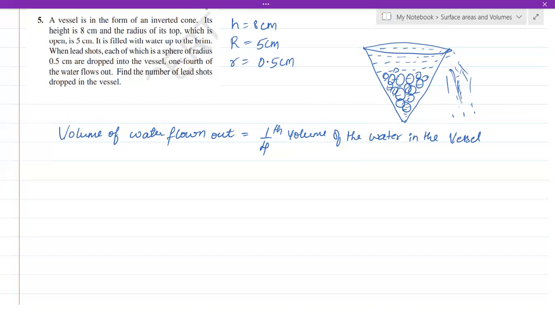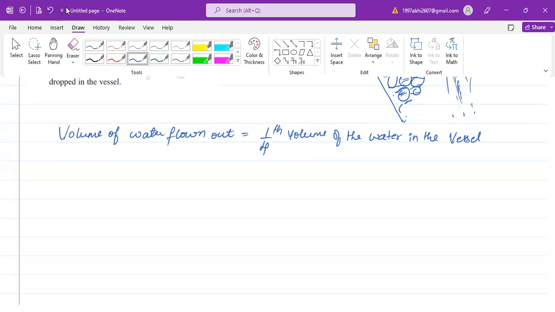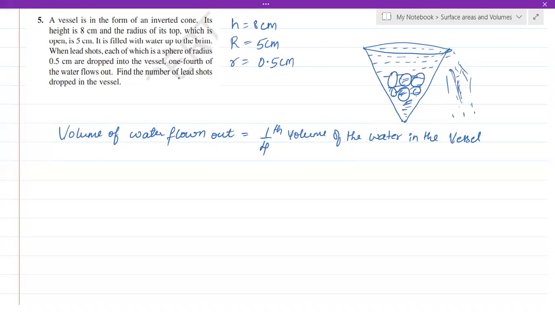Now, very clearly, if you observe, earlier in this place we had water, isn't it? As soon as you drop the lead balls, the water flows out. Now, it's very simple. Whatever space the water has occupied is now occupied by the lead balls.